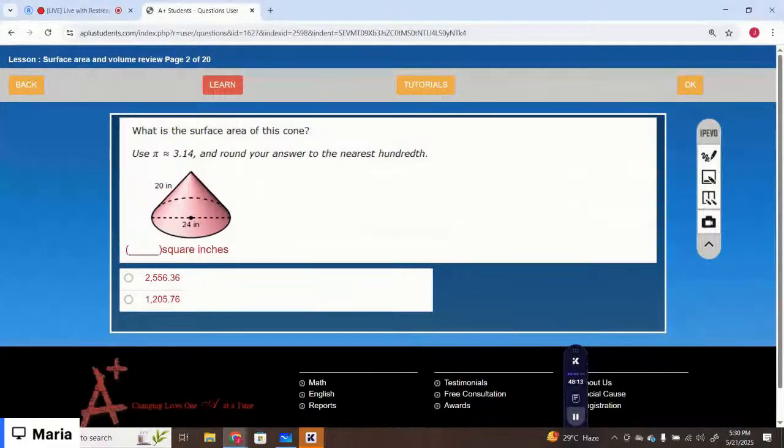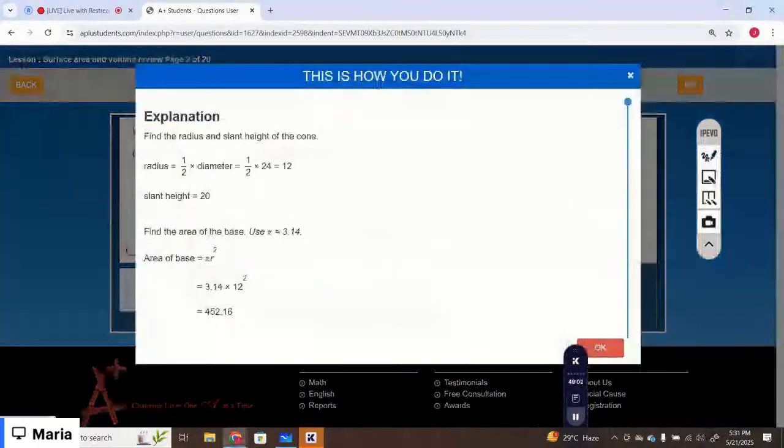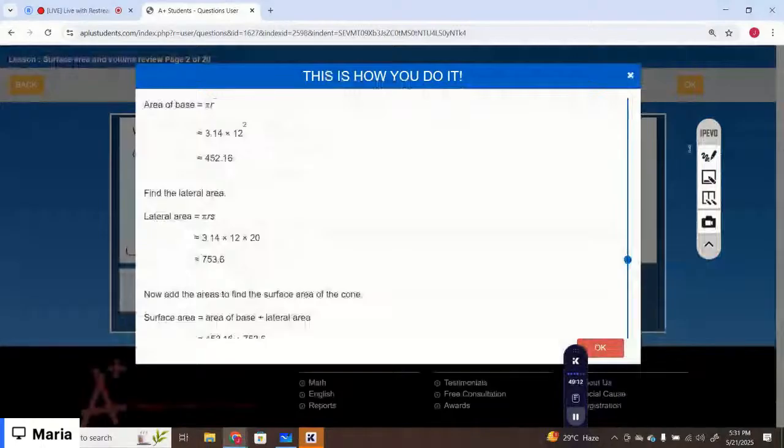What is the surface area of the cone? So the surface area of the cone: we need to calculate the area of the base, that is pi r square, and then we need to calculate the lateral area, that is pi r s.